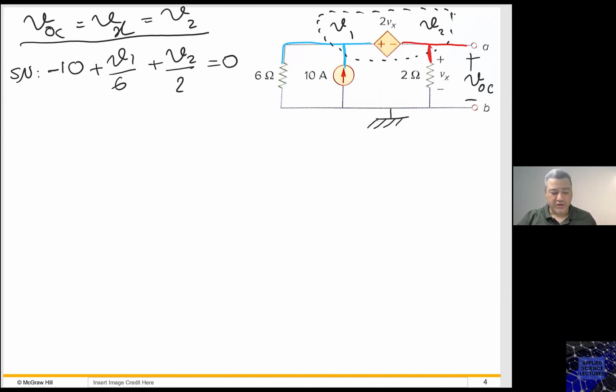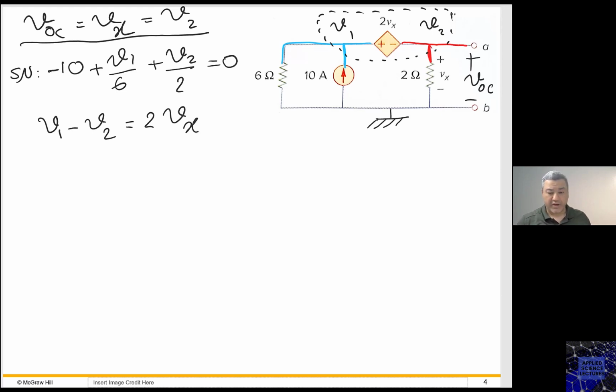As simple as this. So for me, V1 is higher than V2 by 2Vx. This is how I understand it as a voltage source. So I have here V1 minus V2 equals 2Vx.